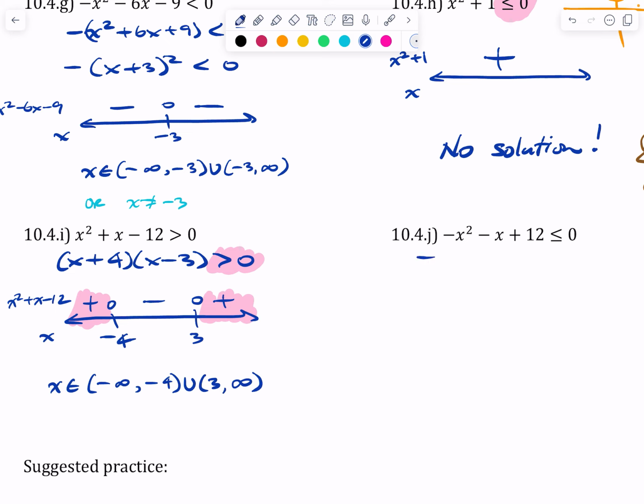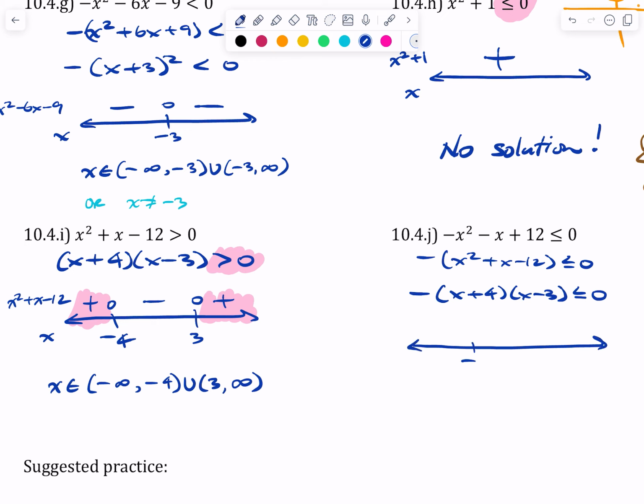Similarly, this last one, if you factor out that leading negative, it's x squared plus x minus 12 left. Well, that's interesting because that seems to be what this expression was on example I. So this has the same critical values. Let's check out its sign diagram. Because that's downward opening, we go minus, plus, minus.